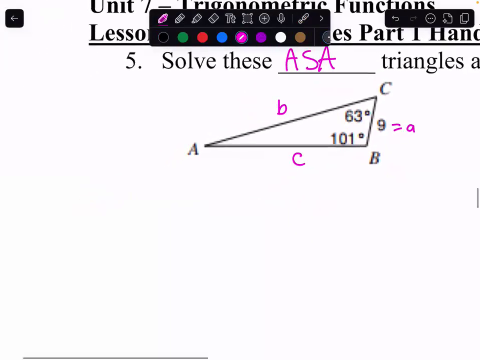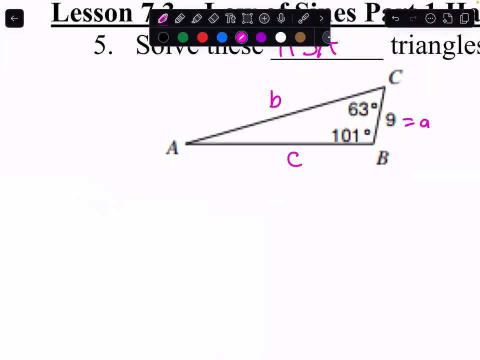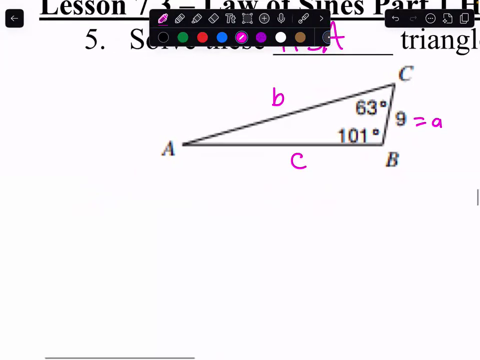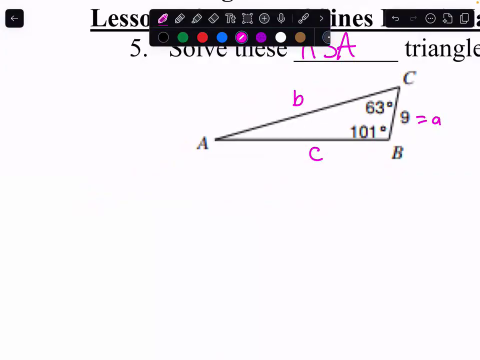Okay, so do we use the A's and the B's or the A's and the C's or the B's and the C's? I don't know. Let's see what happens if we try the A's and the B's. We don't know capital A. We do know lowercase a. We do know capital B, but we don't know lowercase b.